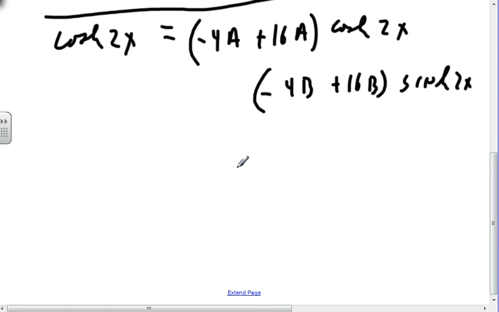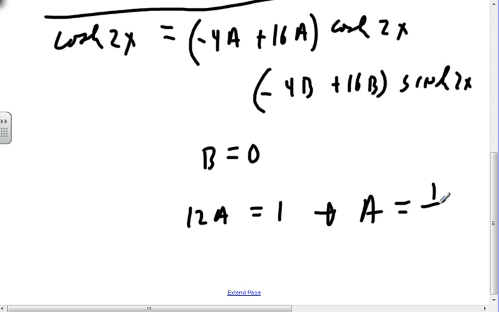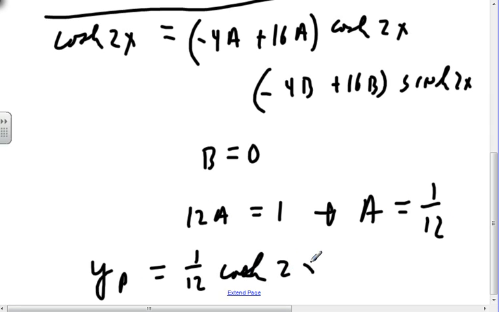From that, I will conclude that b is 0, because that coefficient has to be 0, and this one has to be 1. So 12a is equal to 1, implying that a is equal to 1/12. So y sub p is equal to 1/12 hyperbolic cosine 2x. And that's problem number 8.